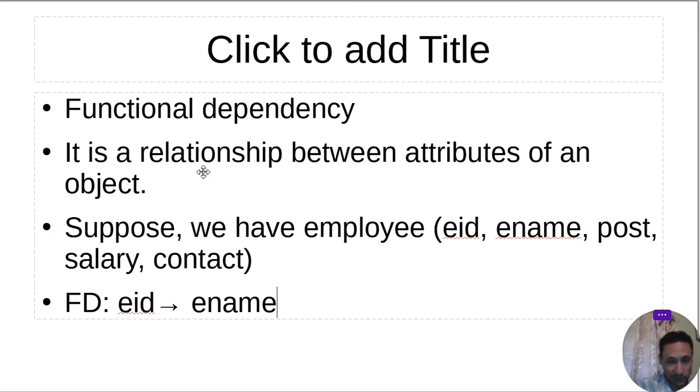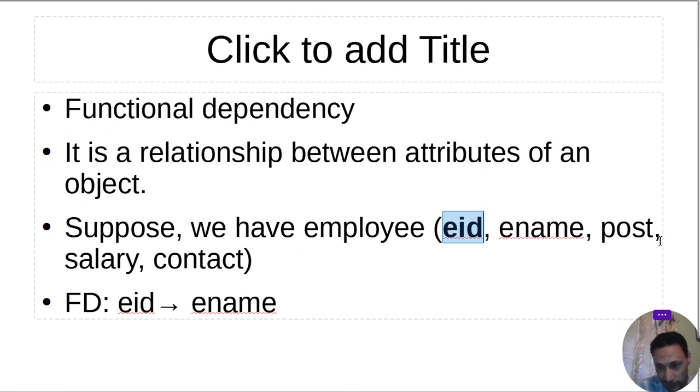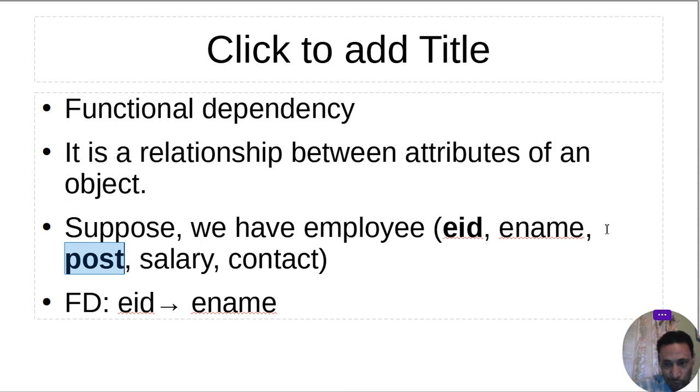Now let's consider this employee object again, and suppose that the key attributes of this employee are employee ID and post. Two attributes are used to create the key attribute for employee. It is very possible. It is not necessary that one single attribute should be used to make a primary key.